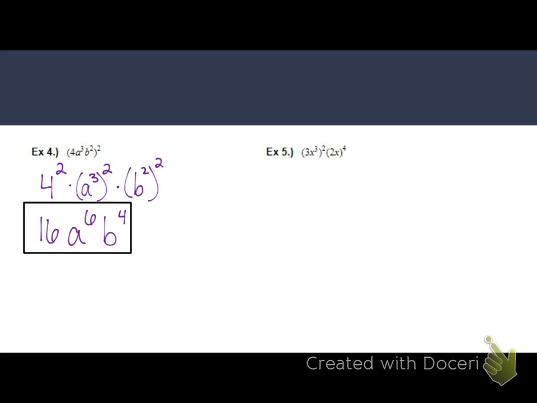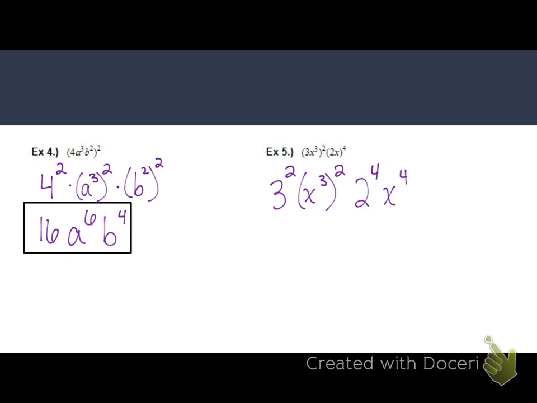So make sure you're always keeping your order of operations in mind. What exponent does the 3 end up getting? 2. The x cubed gets what exponent? The 2 gets what exponent? And the x gets a 4. Okay, so anything inside the parentheses gets the exponent that's right outside.